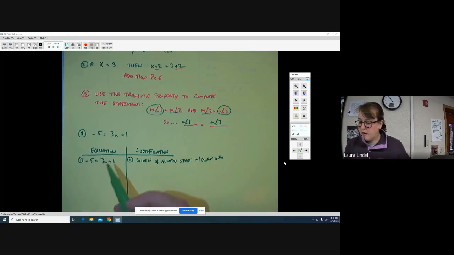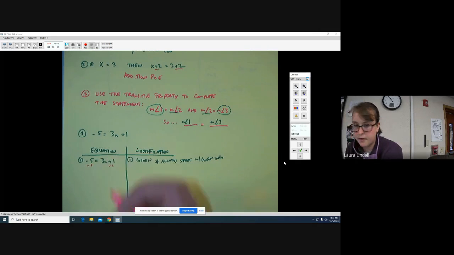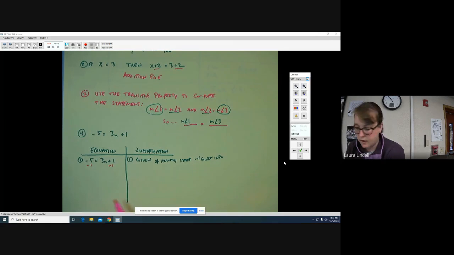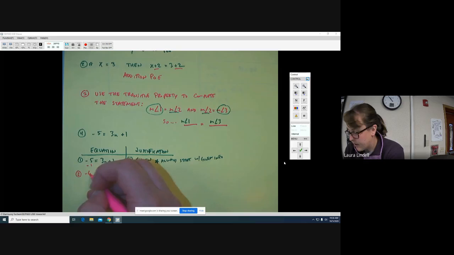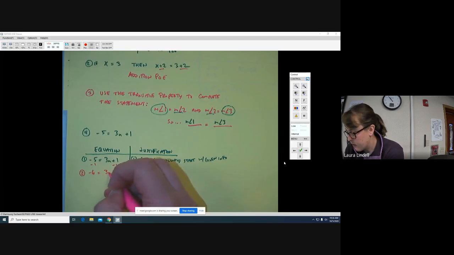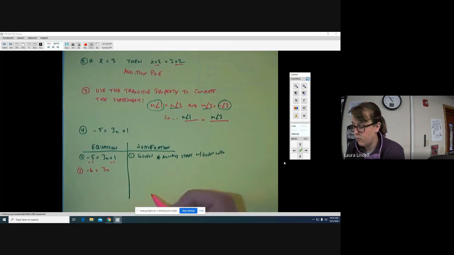Okay, so if I was going to solve this equation, well, I would probably subtract 1 from both sides, right? Because I want to get just n over here and everything else over here. So my second step would say that -5 minus 1 is -6 equals 3n. Well, what did I do here?